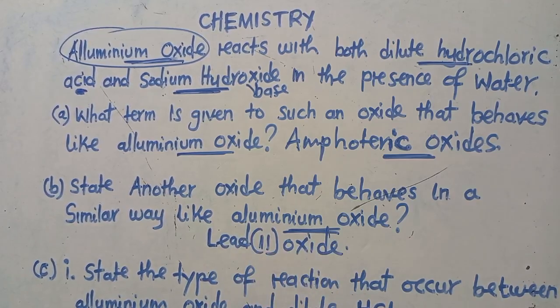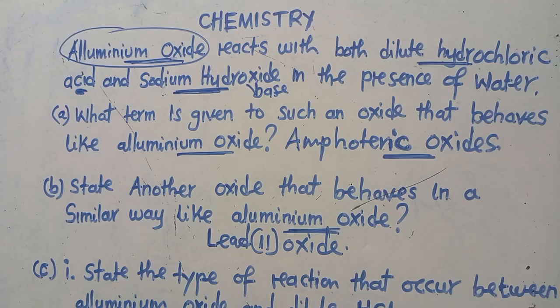So lead two oxide is also an example. We get to have quite a lot of them. So if questions are to come in an exam like this, I just need to explain them in this manner.